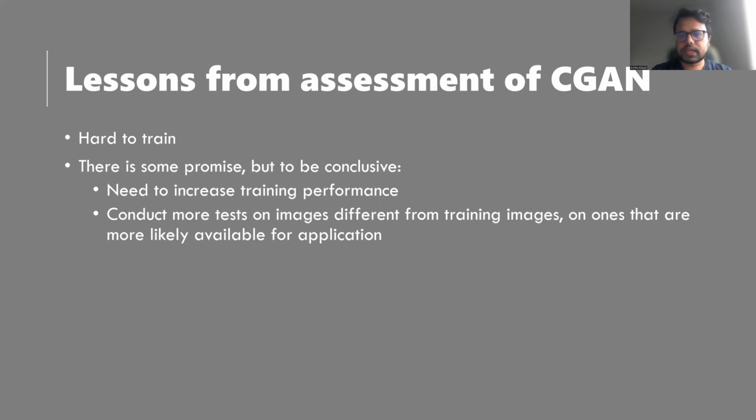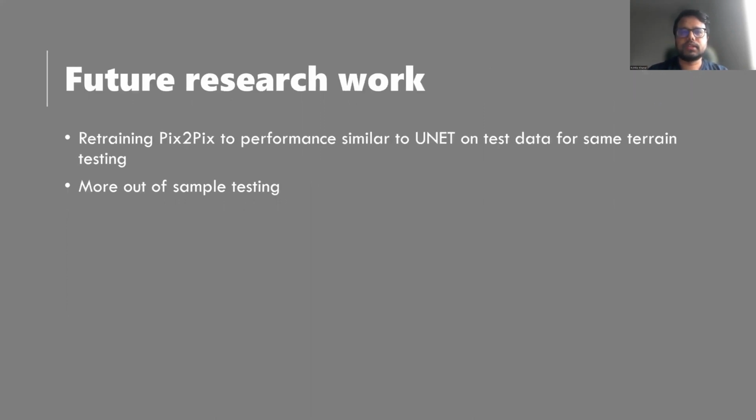So from the research, I can conclude that there may be some promise with cGAN models and GAN architectures in general for style transfer, but we need to increase training performance and do more on how to test it for images that are very different from training images.